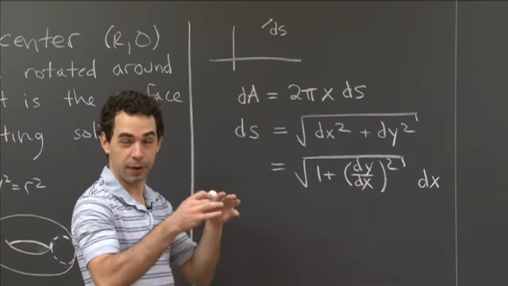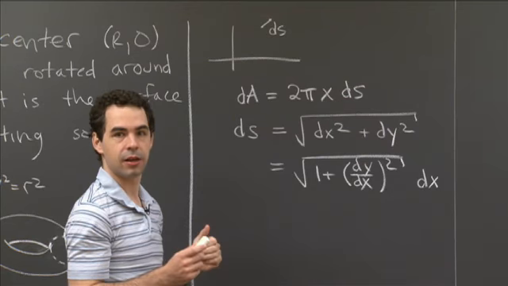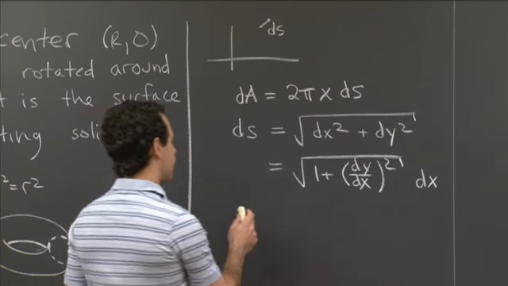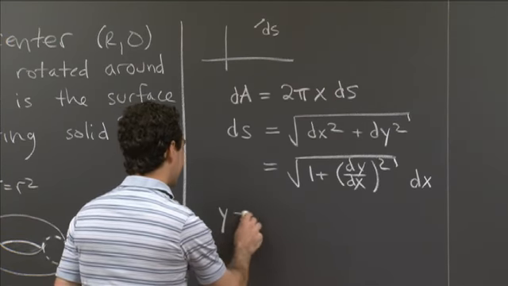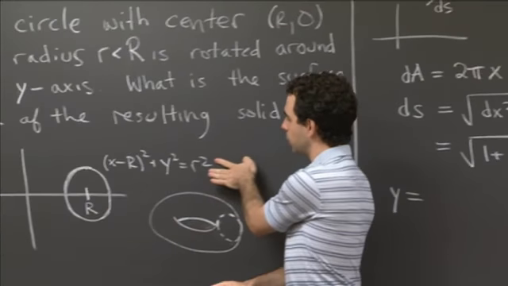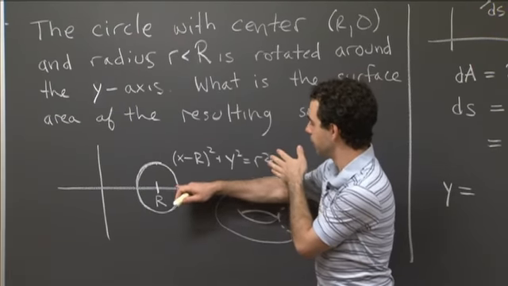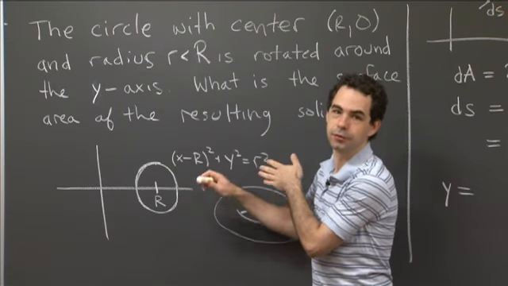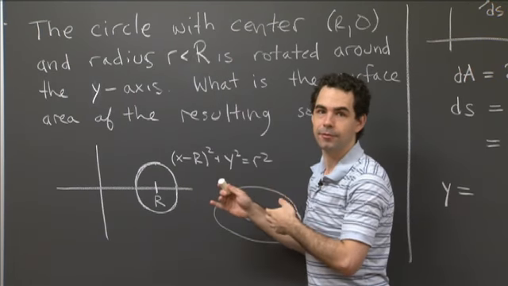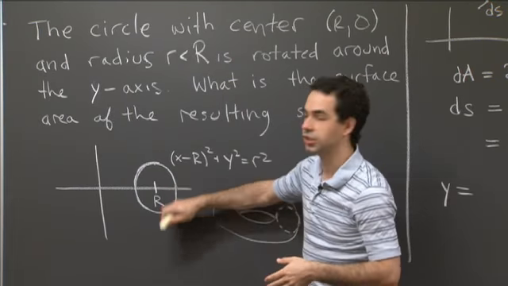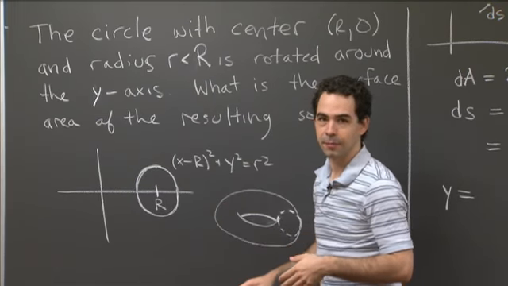Now, if we're focusing only on the top half of this torus, we can solve this equation for y, but when we take the square root, we're only taking the positive square root because we're only looking at the top half of the torus, and then we'll just double at the end to account for the bottom half as well.